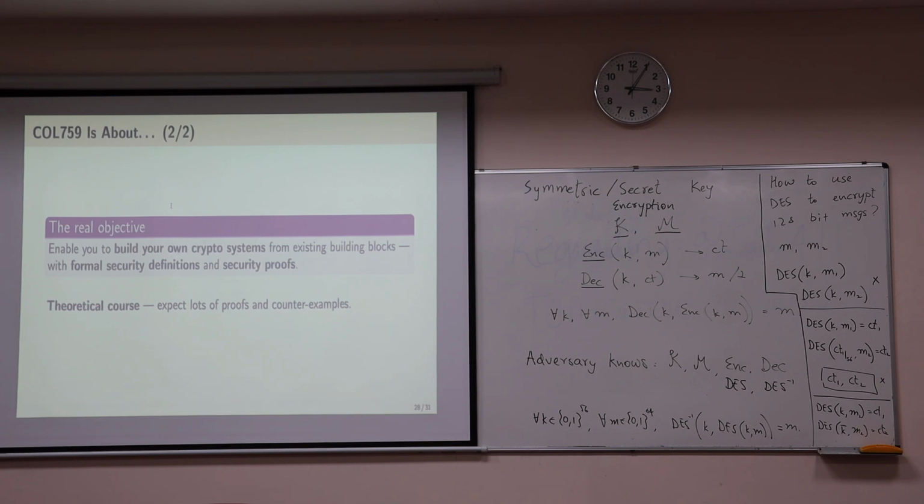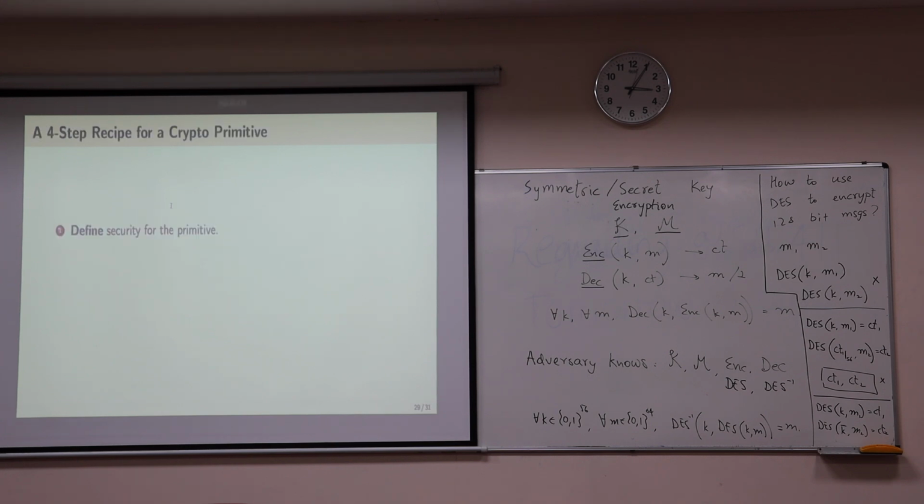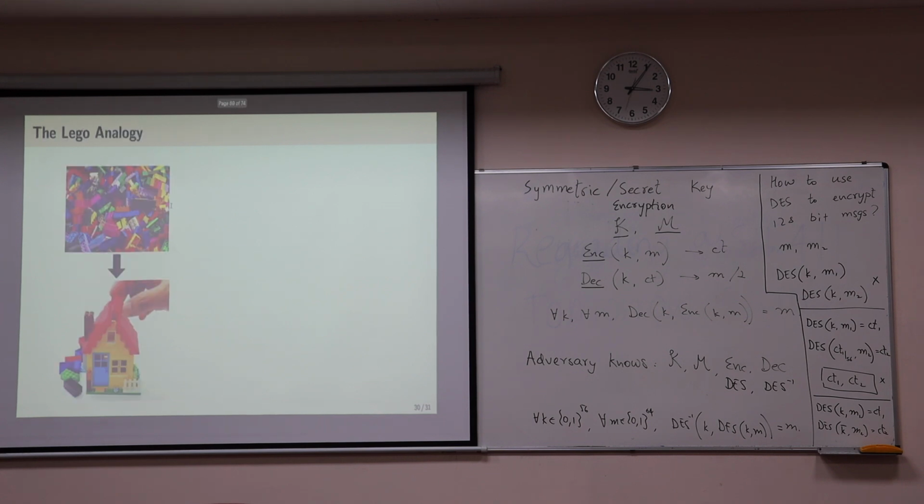One of the most important steps is to define what it means for a primitive to be secure, and we'll do this today for symmetric key encryption. Next, you figure out what the underlying required building blocks are, you propose a construction, and you prove that your construction satisfies the security definition. Again, we'll see examples of this, and then this recipe will be more clear.